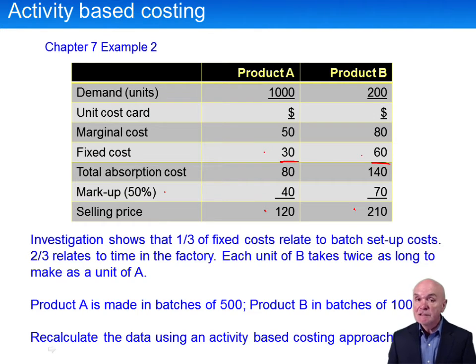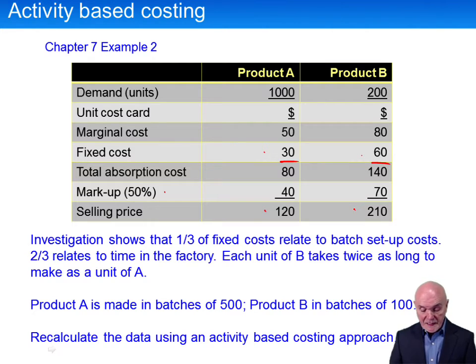So investigation shows that 1/3 of the fixed costs relate to batch setup costs. So every time we stop the production line, rejig it, set up the machines to produce another batch, we incur substantial costs. 2/3 relates to time spent in the factory. That's just, if you like, the ordinary overhead type of absorption.